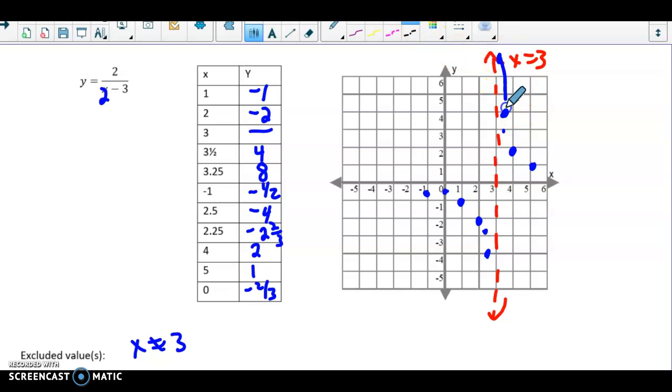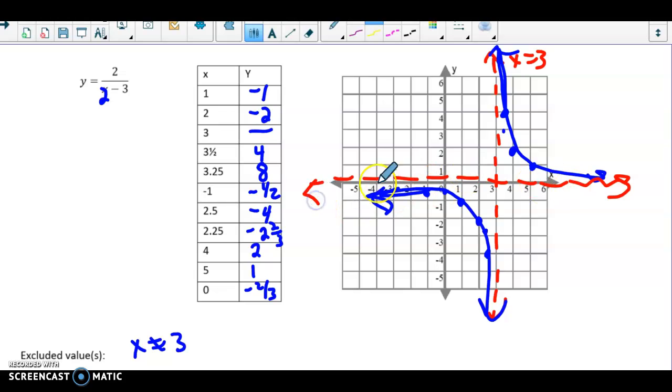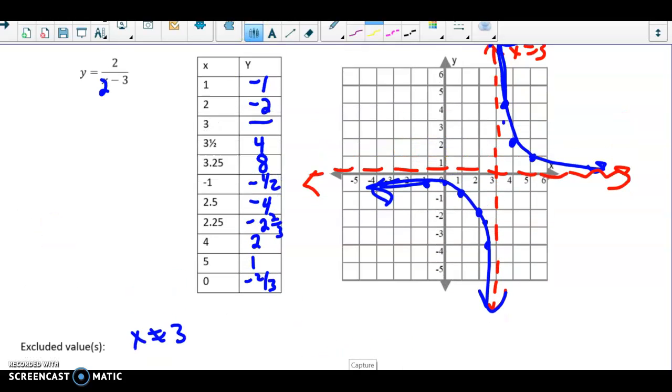The same thing is going to happen with these rational functions. It's just the asymptotes will be at different places. But I'm getting closer and closer. Again, I have y equals 0 as an asymptote. I'm never actually going to get to 0. I'm always going to have 2 over something, so I'm never actually going to get to 0. Does that make sense?